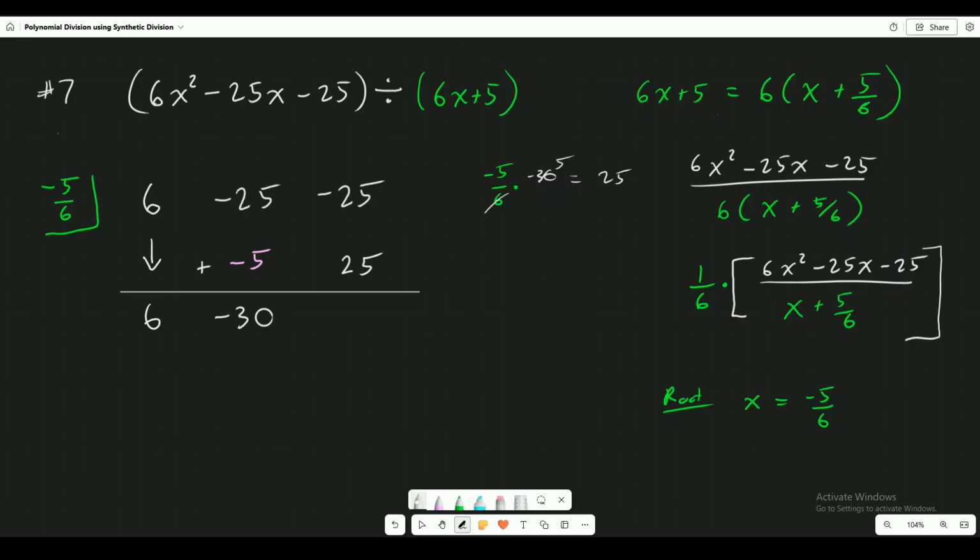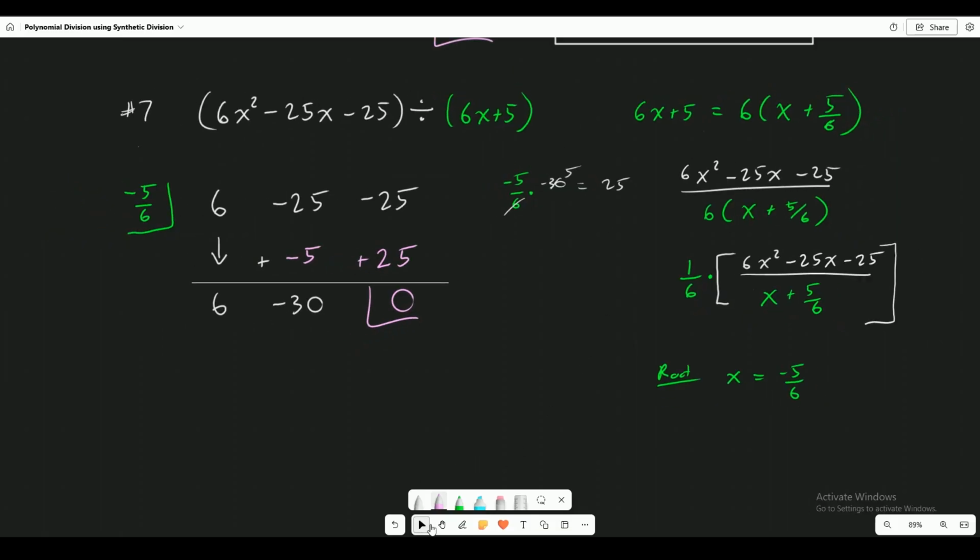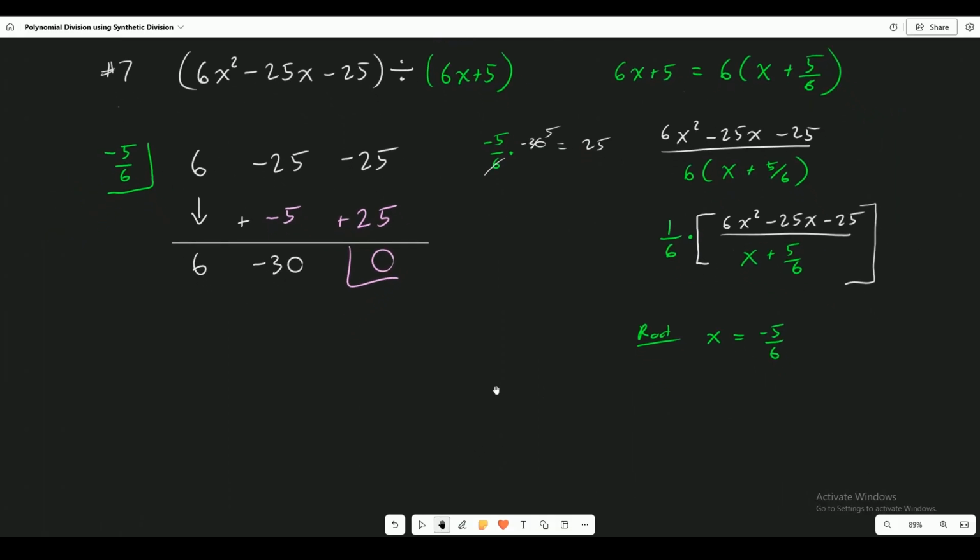Just like that. And we add them. 25. We get 0. All right. So our final result, at least for the synthetic part, is 6x minus 30.